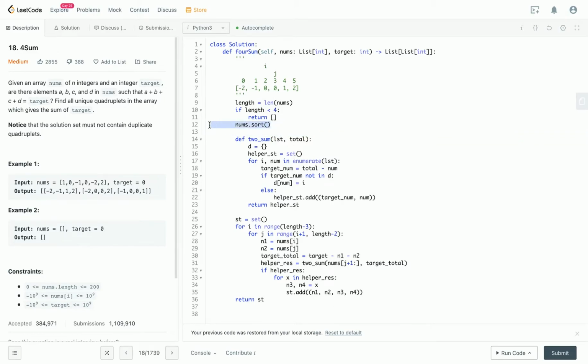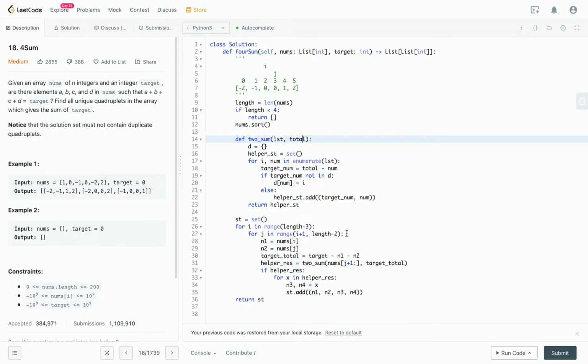So we sort the array because we have to find all the non-duplicate quadruplets. By sorting the array, it's easier for us to find non-duplicates.